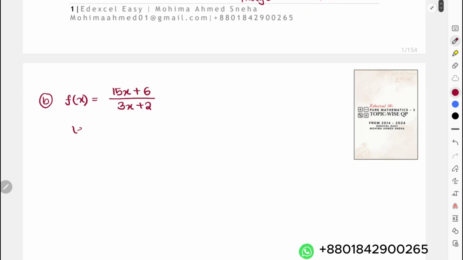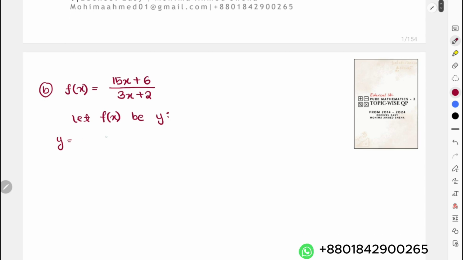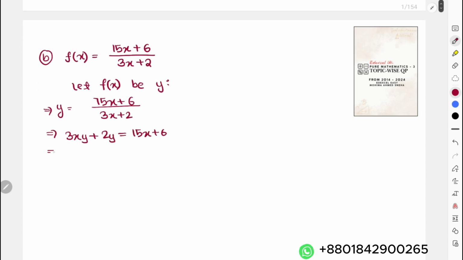So you're going to write that let f of x be y, and we get y equals 15x plus 6 divided by 3x plus 2. If I take the denominator to the right hand side, we get y times 3x plus 2 equals 15x plus 6. Now taking all the x's to one side, we get 3xy minus 15x, and then 6 minus 2y.